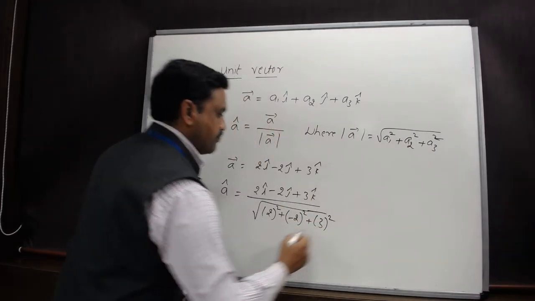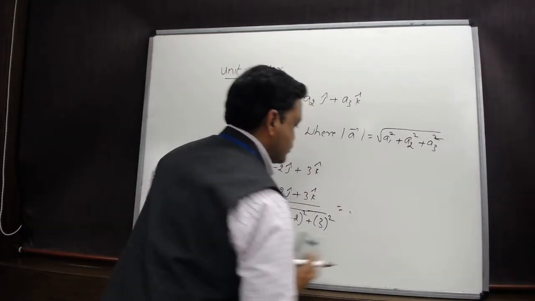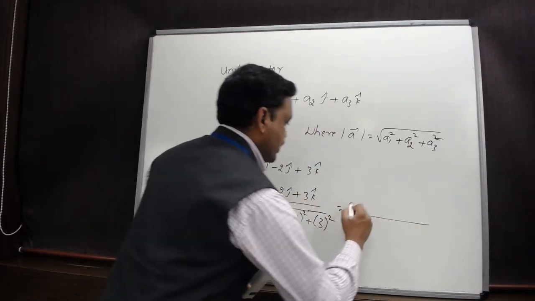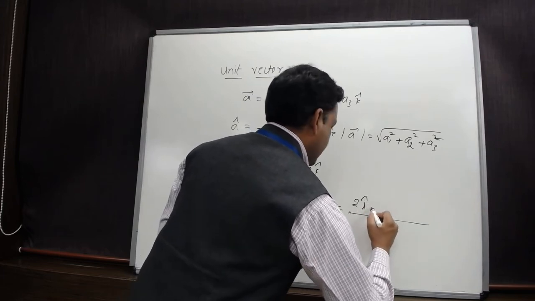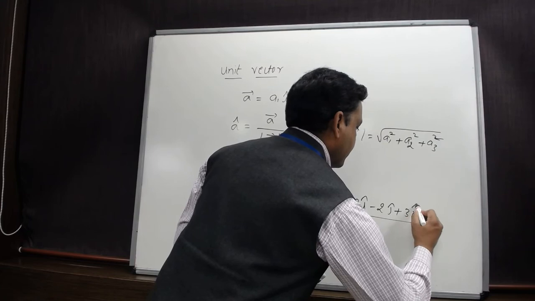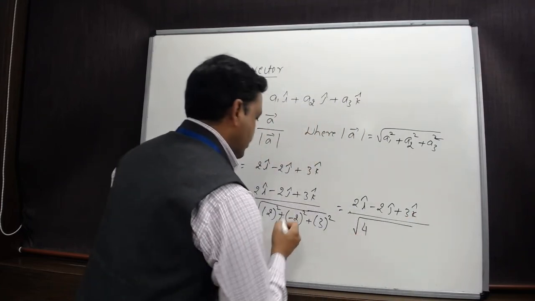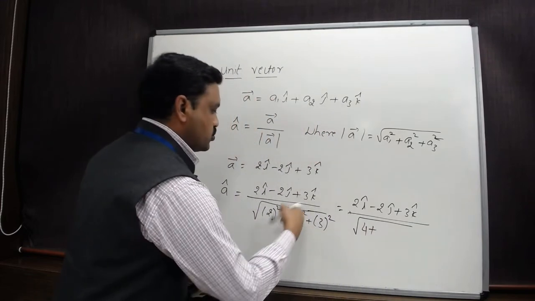So that becomes vector a, 2i minus 2j plus 3k, divided by the square root of 2 square is 4 plus minus 2 whole square.